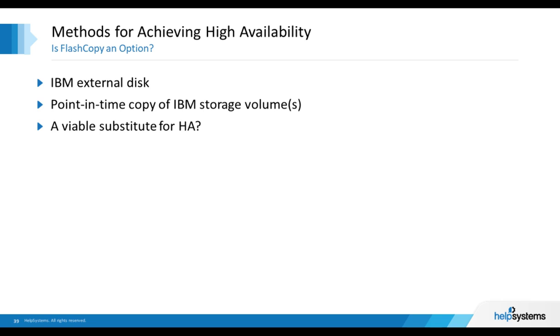So FlashCopy, what it is, you have a production system running, and you're able to, in a matter of minutes, take a flash of that system to another partition that's dormant, and then you can spin that up. You can do your backups over on the flashed partition while production continues to run.